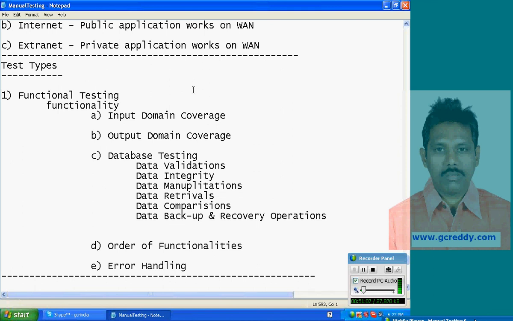See here, independent testers perform functional testing using black box test design techniques.